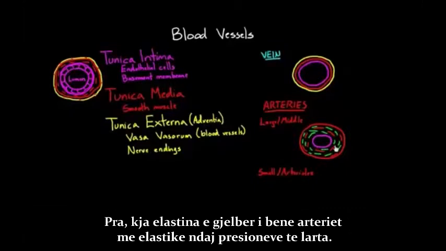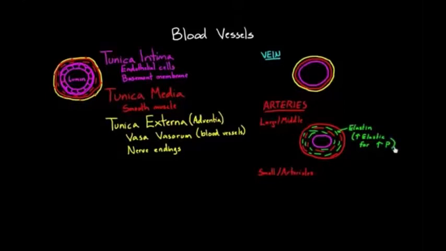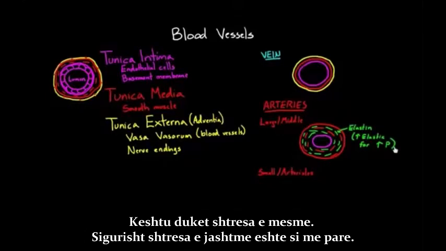So this green elastin protein helps make the arteries more elastic for high pressures. I'll write P for pressures. So that's what the middle layer looks like, and of course you still have your outer layer as before.